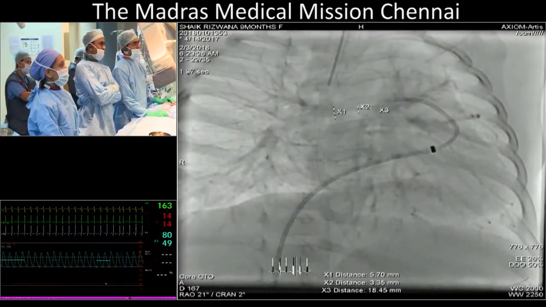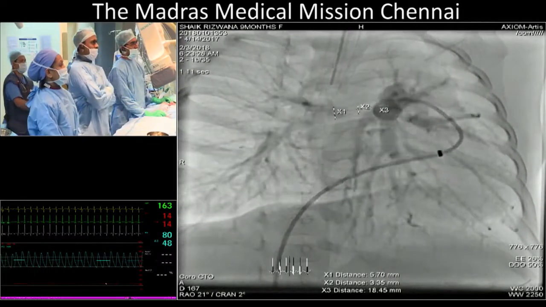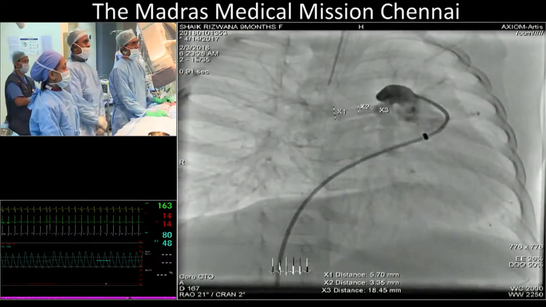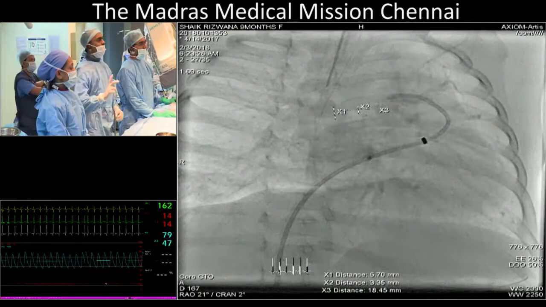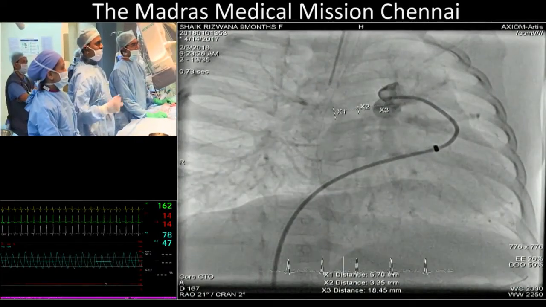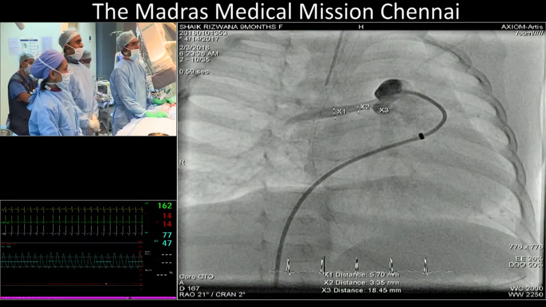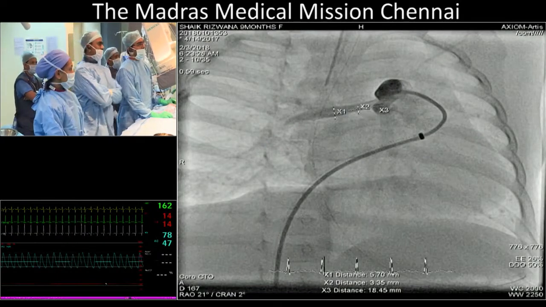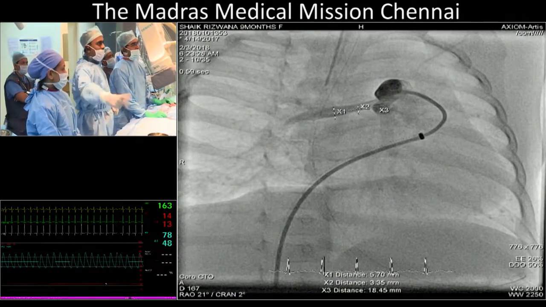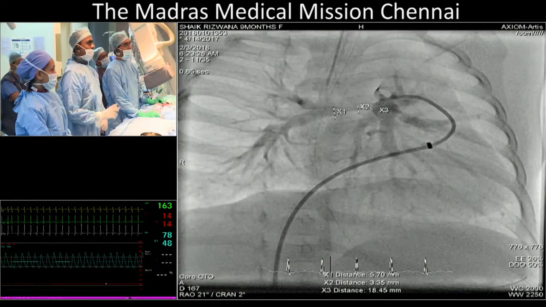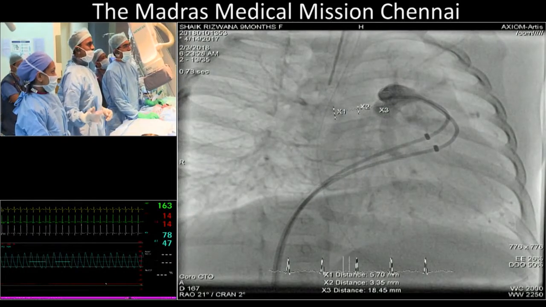So this was the second image. Freeze the image when the RPA is seen. This is a diffuse long segment right pulmonary artery narrowing.